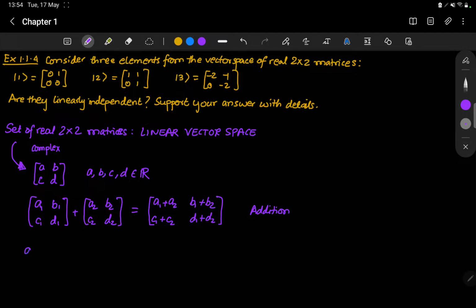If we have a scalar A naught multiplied with this 2 cross 2 matrix, then what do we get? This scalar is multiplied to each element of the matrix.